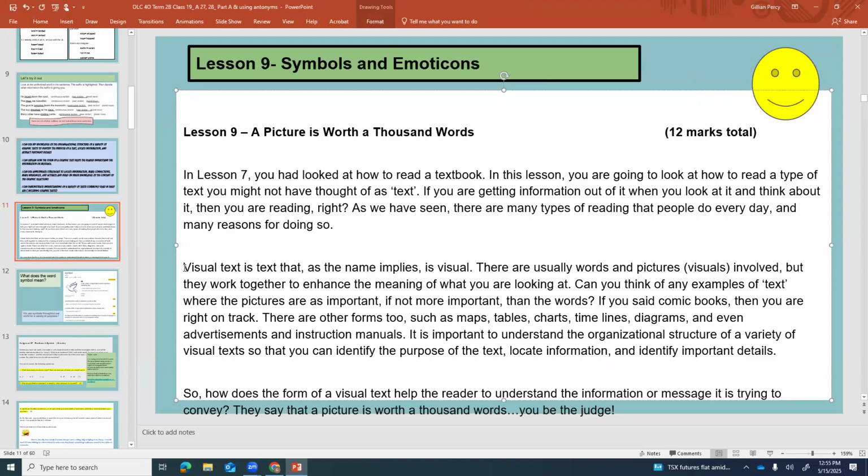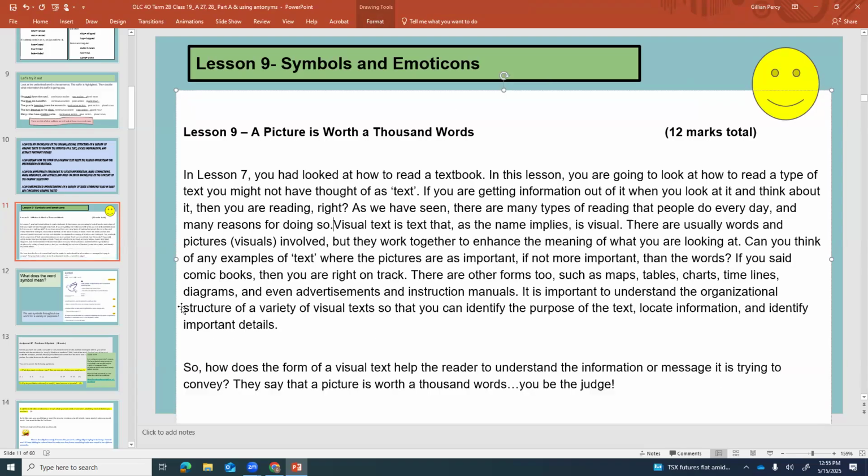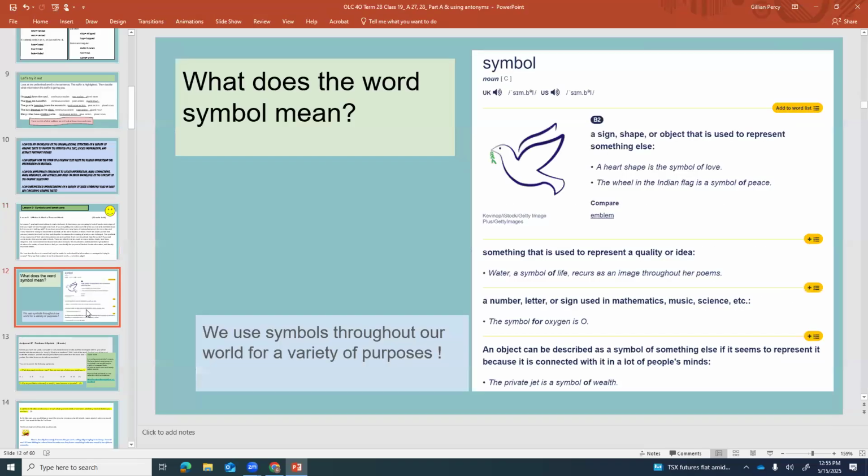They say that a picture is worth 1,000 words, and you will have to be the judge. So here we have a really common symbol you'll see. What does it generally mean? Okay, the dove is generally considered a symbol for peace, right?